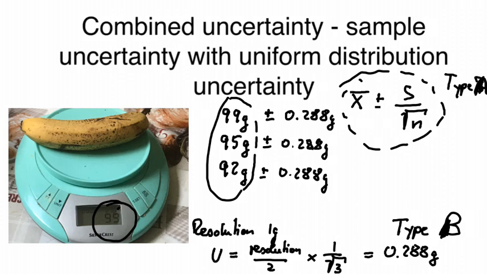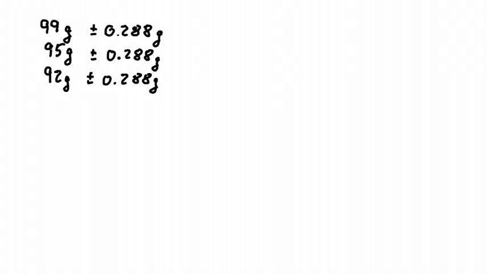So how do we actually combine these two measurements? The uncertainty of the resolution, and the uncertainty of our sample. We can calculate the mean for our sample, and this would just simply be adding them all up and dividing by 3, and if we do that we get the mean of 95.333 grams.